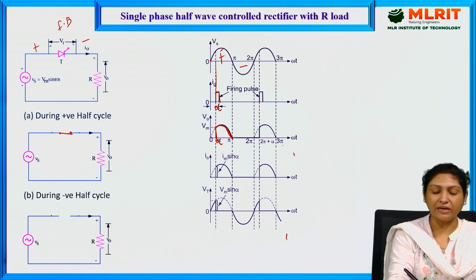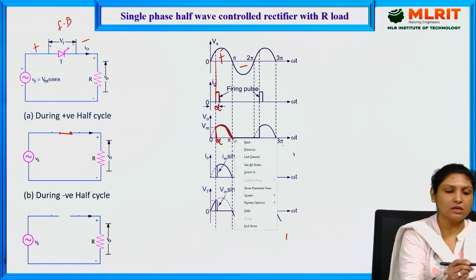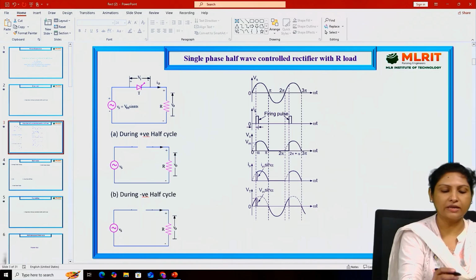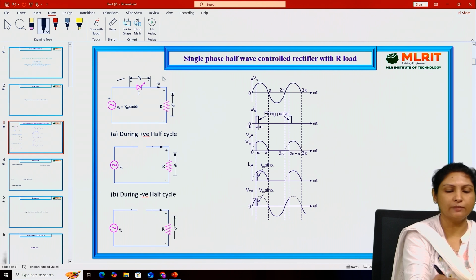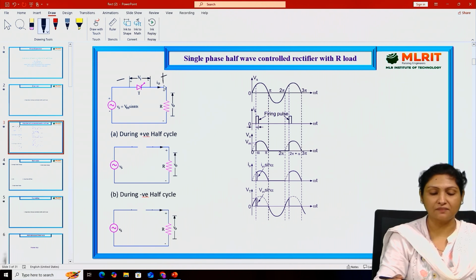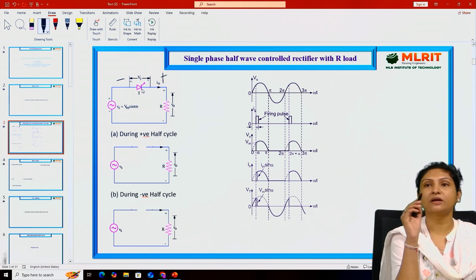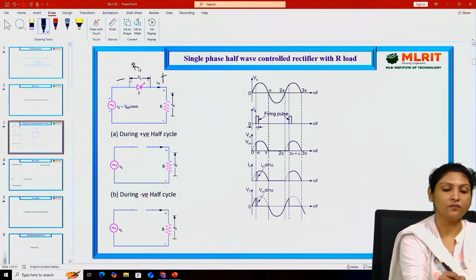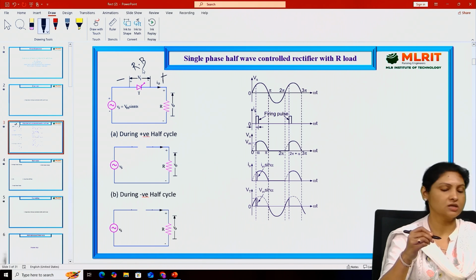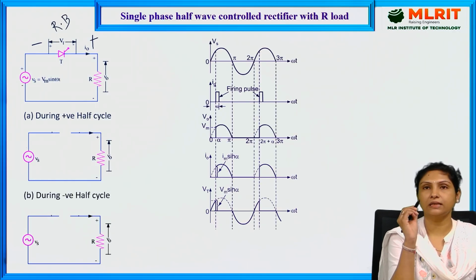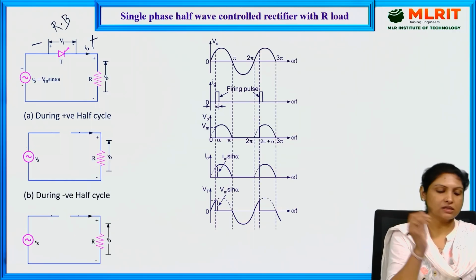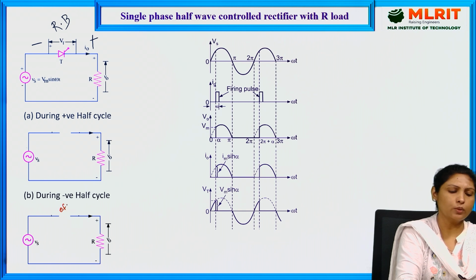And the moment it reaches pi, what happens? The polarities will be negative and positive. During the negative half cycle, the polarities will be negative and positive, because of which the thyristor will be in the reverse bias state. When it is in the reverse bias state, it acts as an off switch, or we can also call it an open circuit.